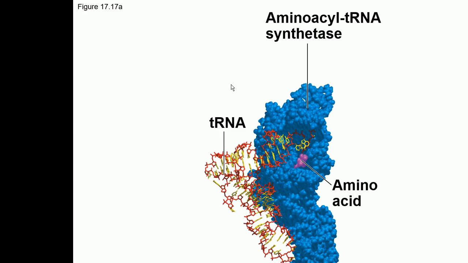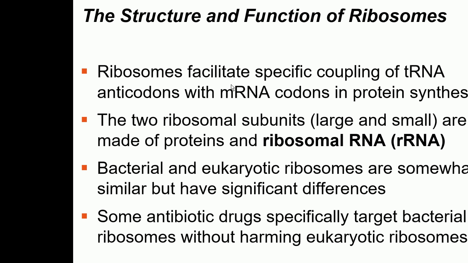Here is the significance: if the ribosomes in both prokaryotes and eukaryotes were the same, these medicines would not be possible, because the antibiotics would attack the eukaryotic ribosomes also and affect the eukaryotic cells. Then those medicines would not have worked. So this is the significance of the ribosomes being different in prokaryotic and eukaryotic cells.